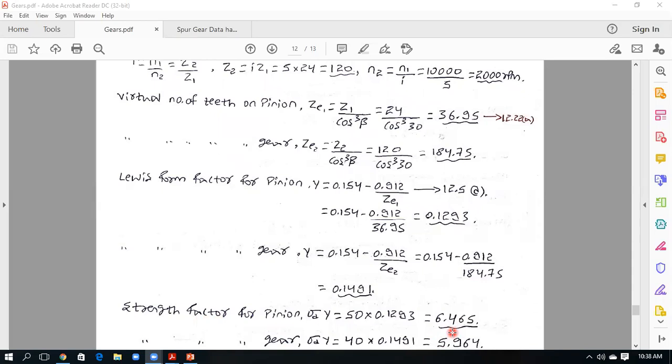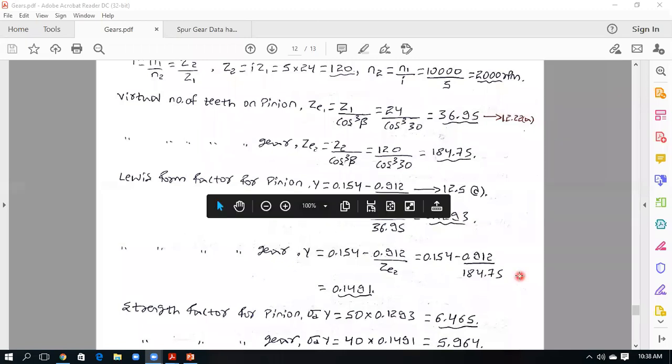Pinion is weaker. How have you identified that pinion is weaker? What is the criteria to identify?